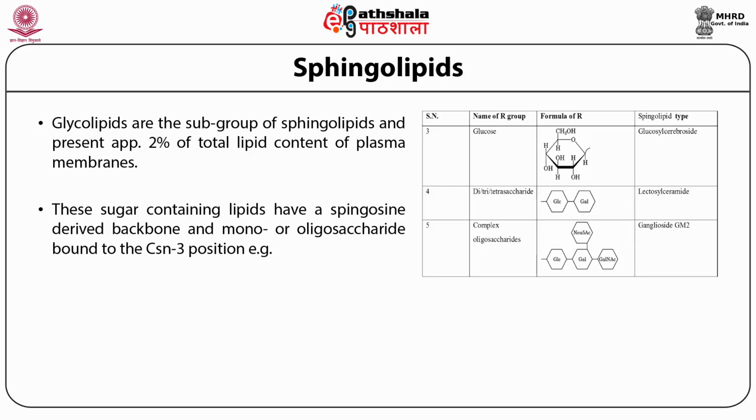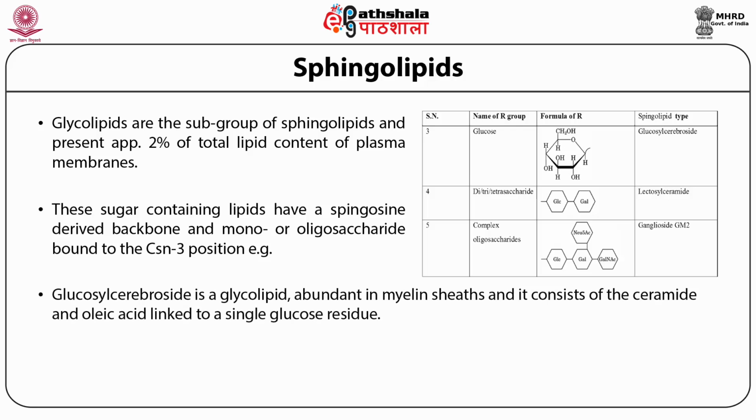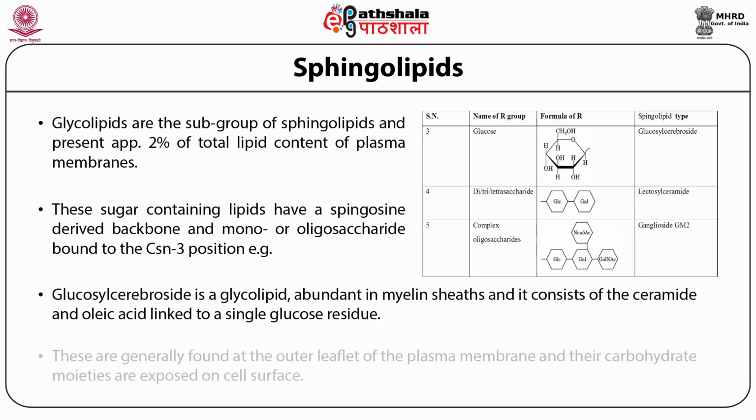For example, glucosyl cerebroside is a glycolipid abundant in myelin sheath, and it consists of ceramide and oleic acid linked to a single glucose residue. These are generally found at the outer leaflet of the plasma membrane, and their carbohydrate moieties are exposed on cell surfaces.